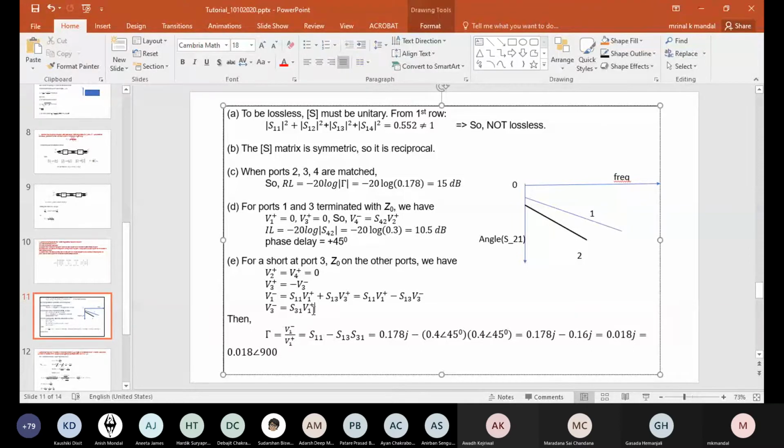So you are right, if I connect 4 sources at 4 ports, then it would be like that. But I'm just following the definition of S parameter. So we are calculating for port 1 only. Then we have to connect a source at port 1 only, and all other ports are matched terminated. Okay, sir. Understood?